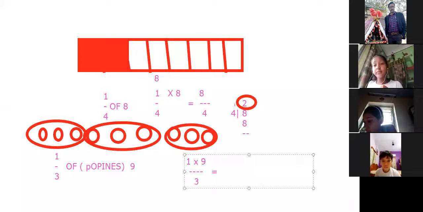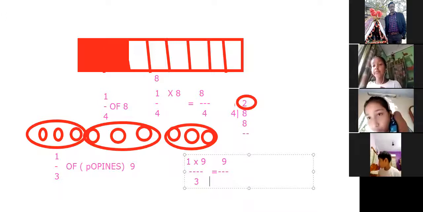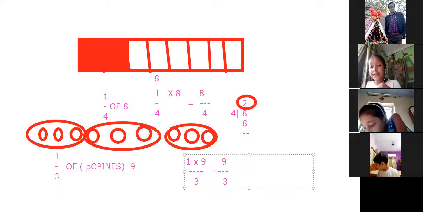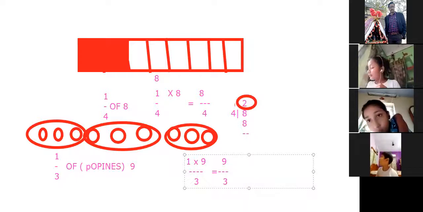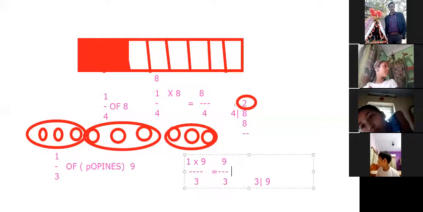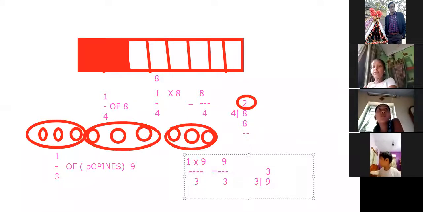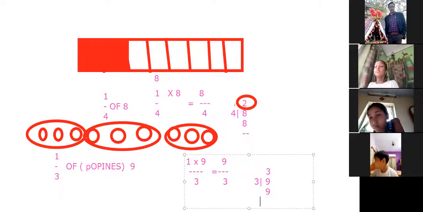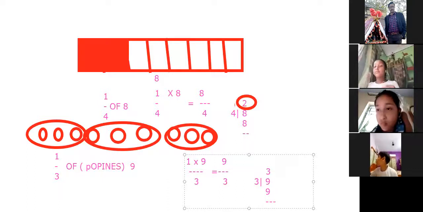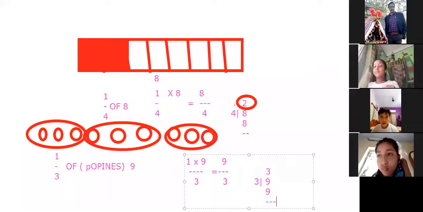The result is 9 divided by 3, which is 3. The quotient is 3. You can see I have distributed 1/3 of the number.